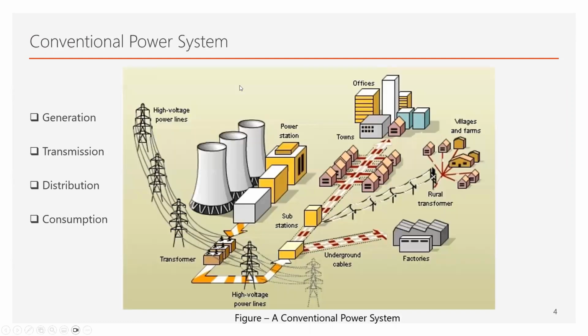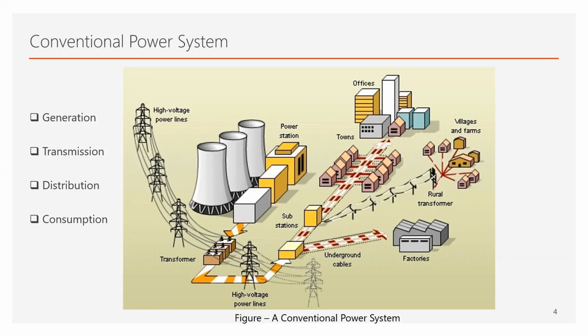Okay, if you look at the conventional power system, normally a power system consists of 4 major parts. One is generation, second is transmission, third is distribution, and fourth is consumption.